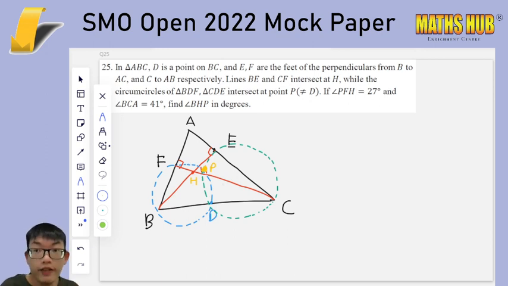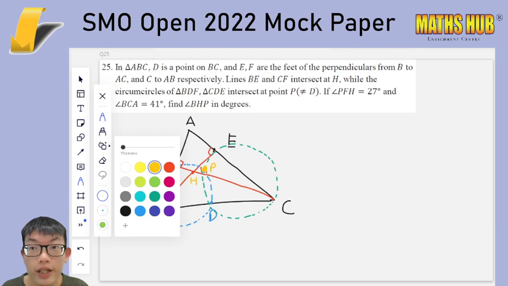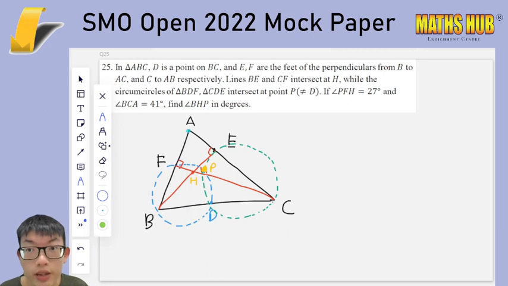The first thing that we can actually say is that we have got this pair of right angles down here. And so we have a cyclic quadrilateral AEFH, they are concyclic.